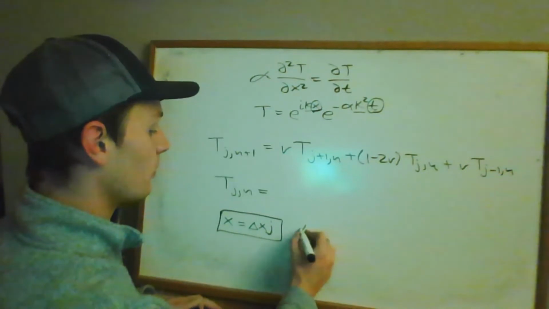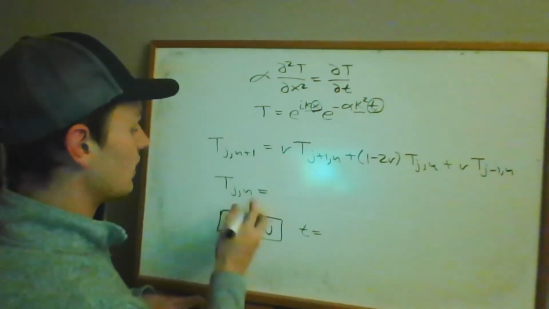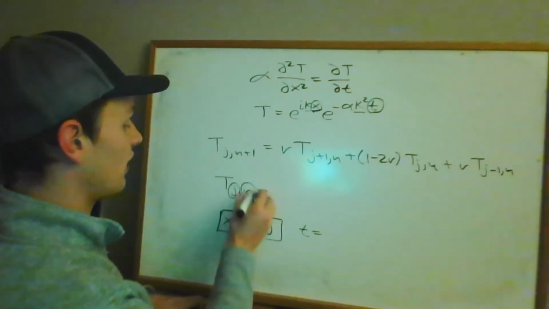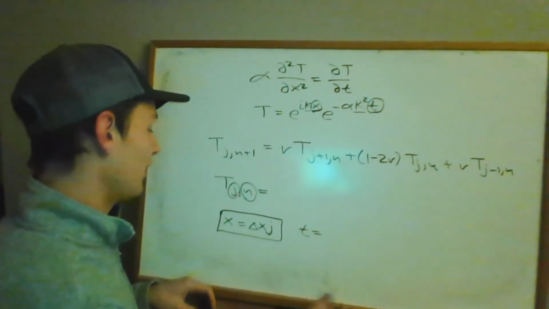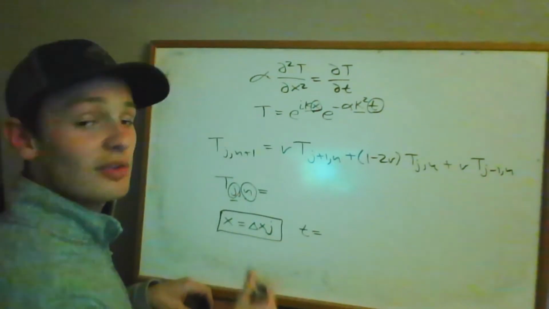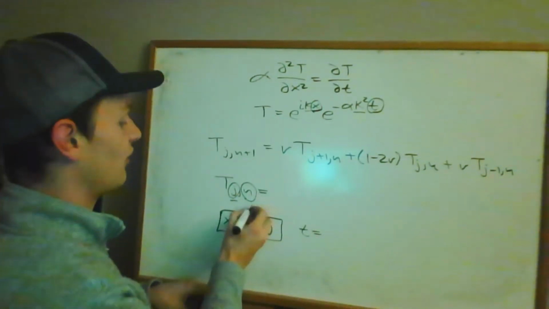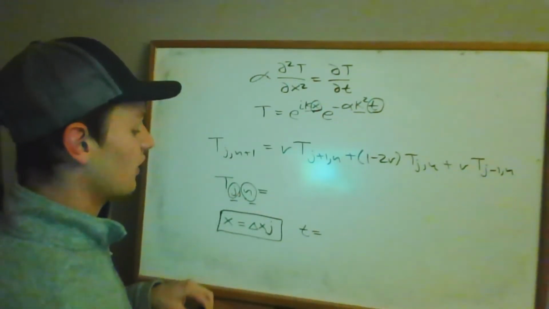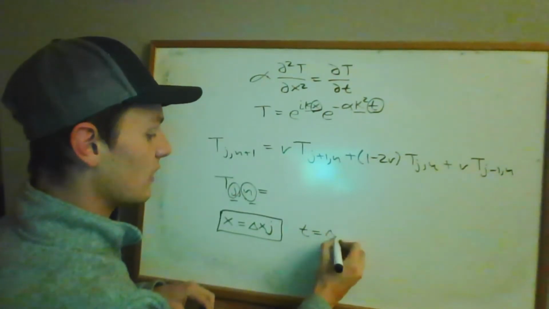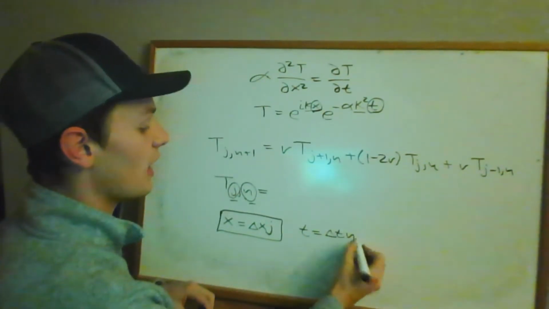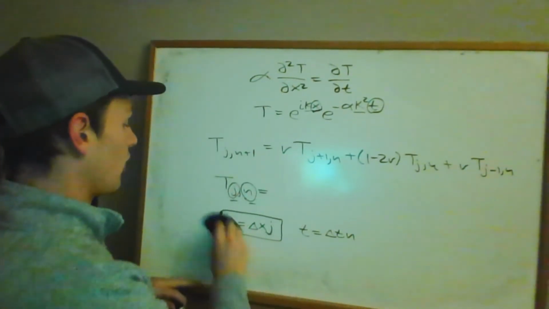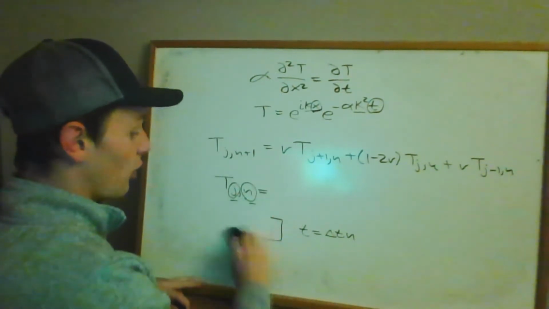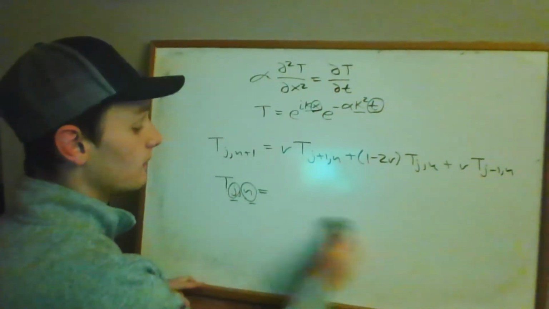And then we had something similar for time. Again, we use this index j and this index n to keep track of where we are. If it's j, it's in terms of position, and then if it's n, it's in terms of time. Okay. So again, we had our time step delta t multiplied by some index n to describe how far we've moved in time for the heating up of this bar, okay?